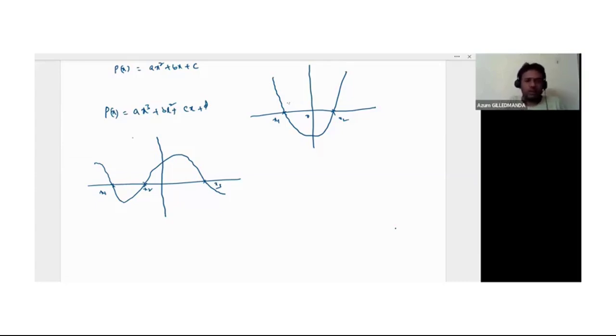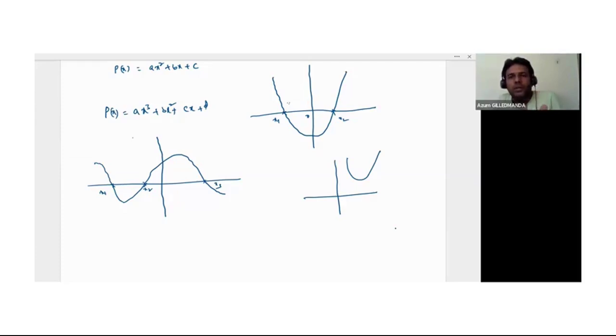So there may be multiple choice questions in the board exams, where they just give the polynomial as a graph, and they will say, how many zeros does this polynomial have? So what is our thumb rule?